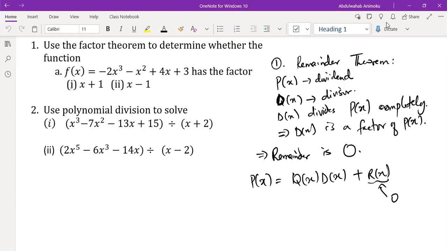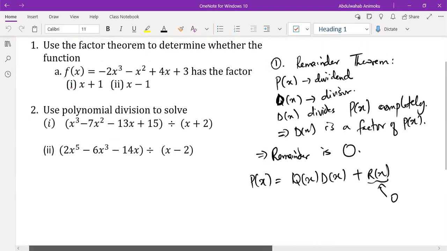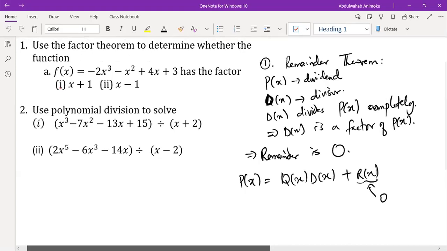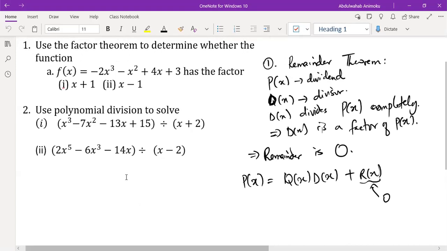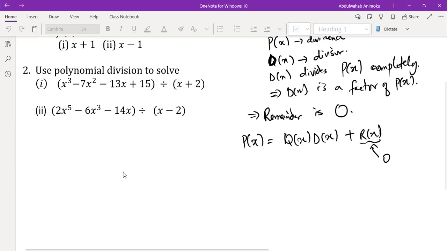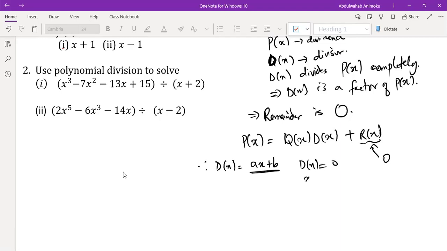Okay, now what does the remainder theorem say? This is generally true when you have a divisor in this format, ax plus b, a linear polynomial. When you have such a divisor, if I equate it to 0, whatever x is, this will now be minus b over a.